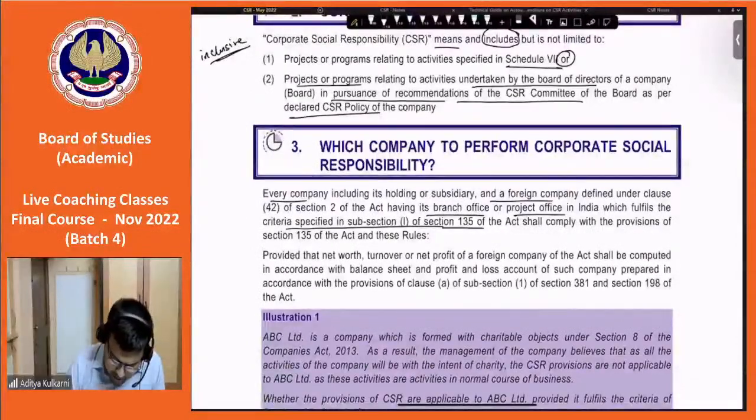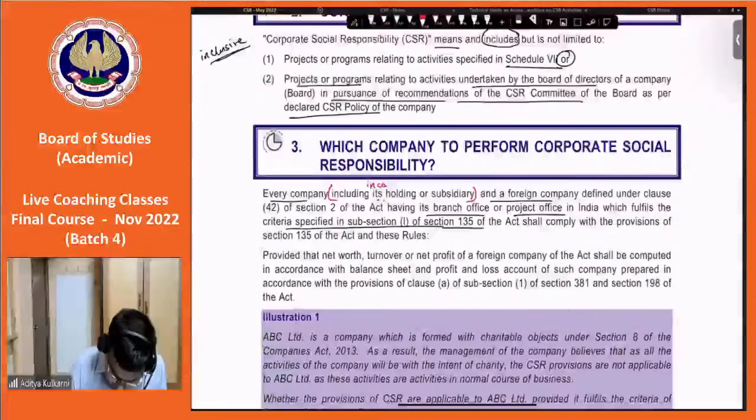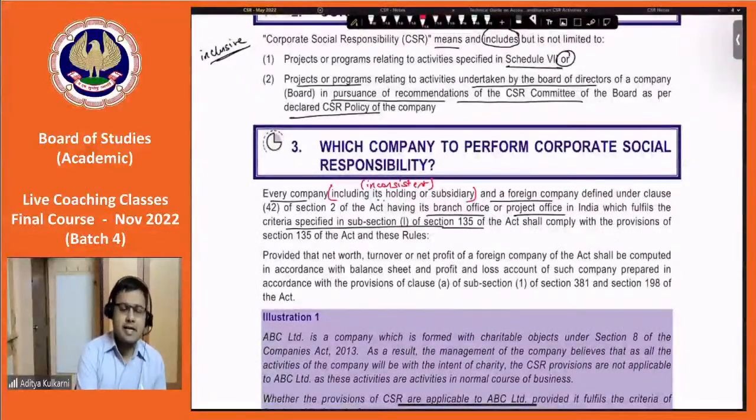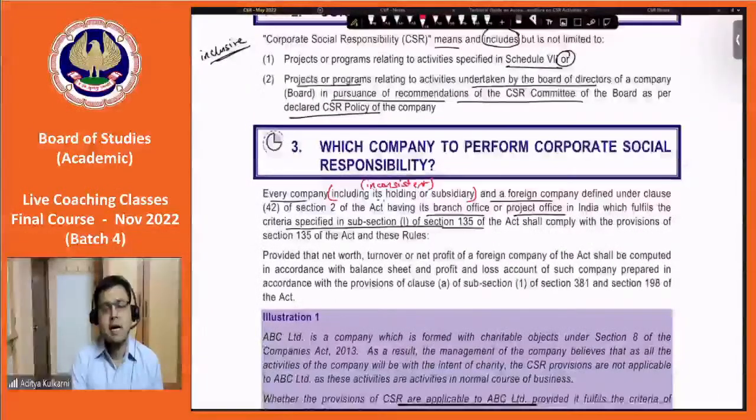Now, every company, including its holding or subsidiary, these words are inconsistent. They have no meaning. Why? Because we check applicability of CSR on an individual company basis. We do not check on a group basis whether CSR provisions are applicable or not. So you check whether the parent company is individually required to fulfill CSR.